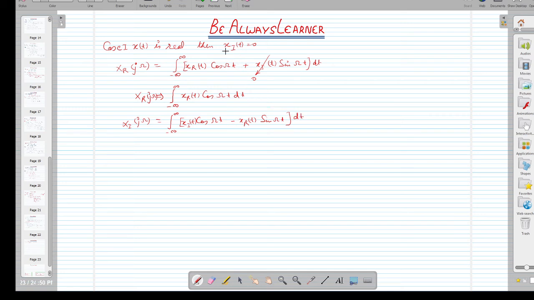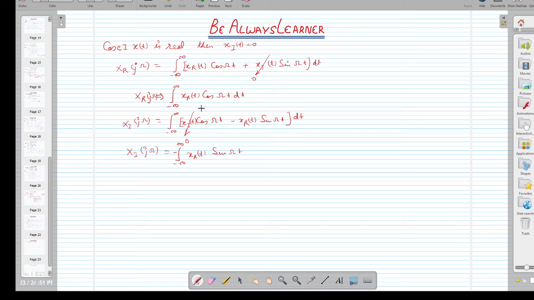Now again the imaginary part is 0, so we can have this part is 0. This is 0, we can compute this x I j omega is equal to integration from minus infinity to infinity x r t sine of omega t. We can put negative sign here.